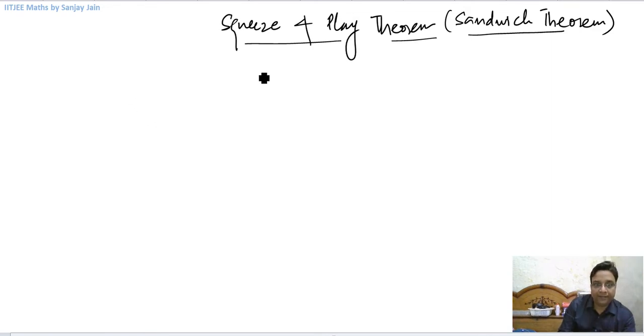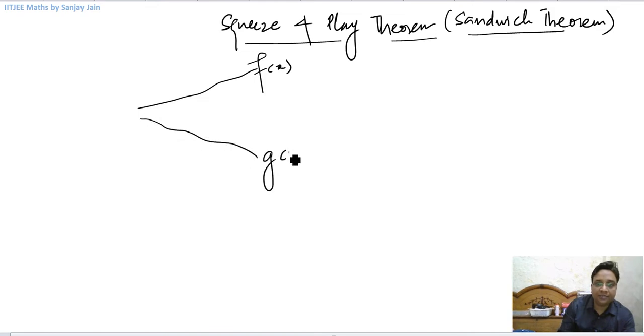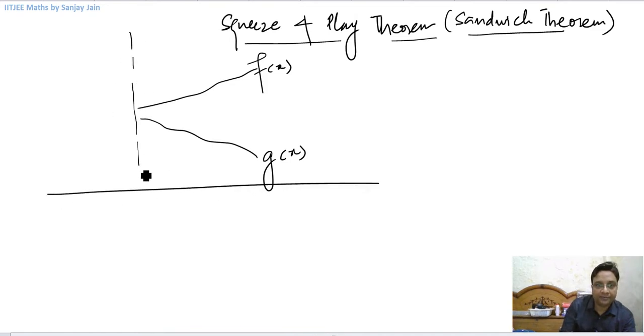Let us say I give you a function f of x, and I give you another function which is, let us say, g of x, right? And there is this point a, let us say this is point a on the x-axis.